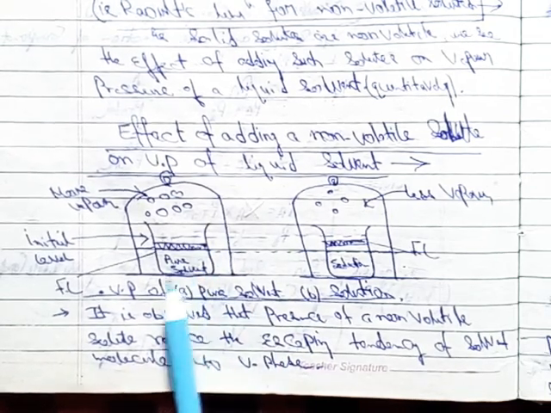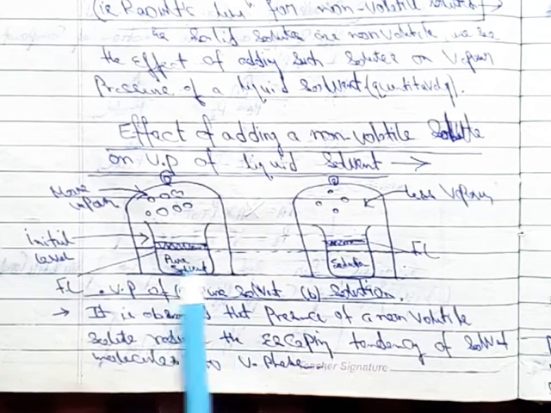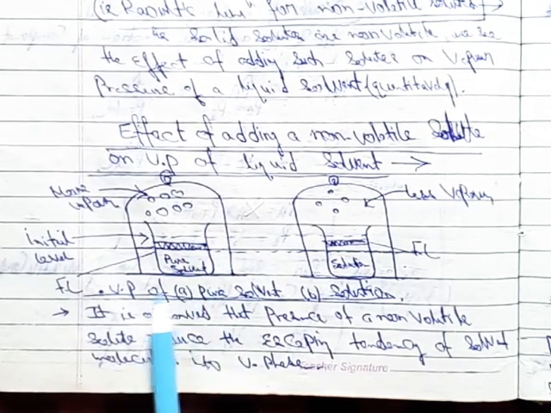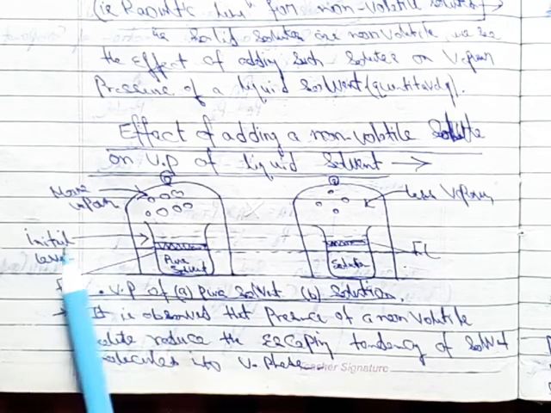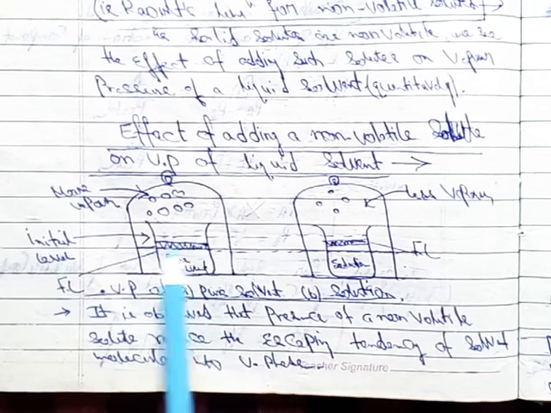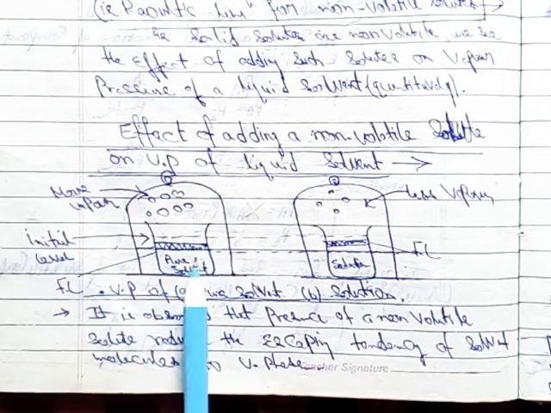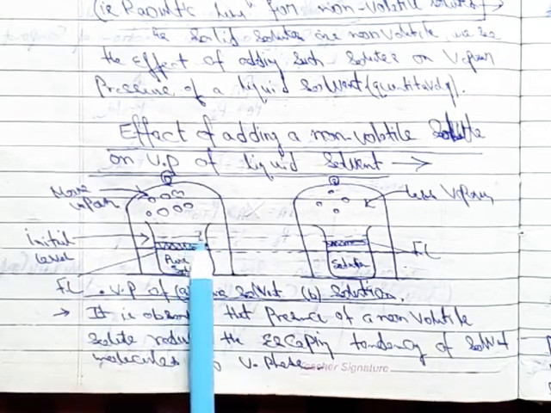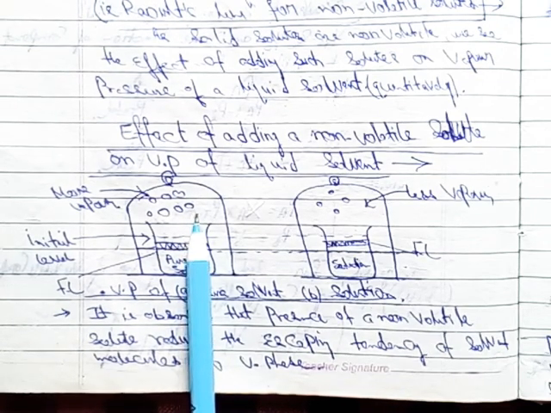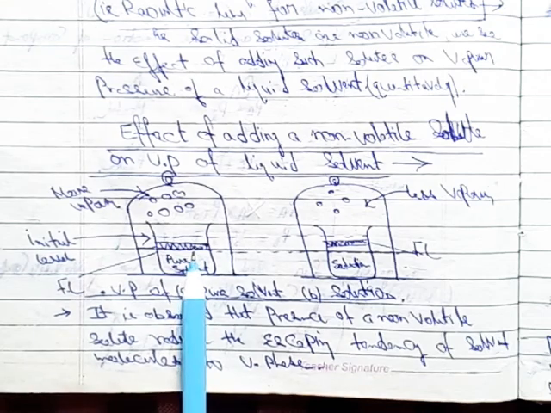If there is no solute mixed, if it is pure solvent and vapors are produced from the pure solvent, we see that the initial level of the liquid solvent was this, but the final level has decreased from here to here, and more vapor pressure is formed. Initial level, final level is here.